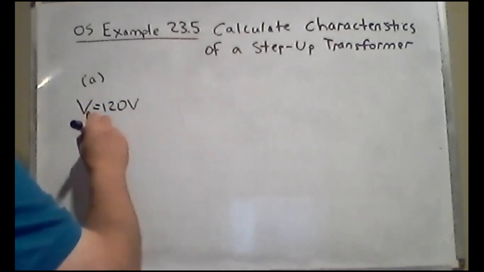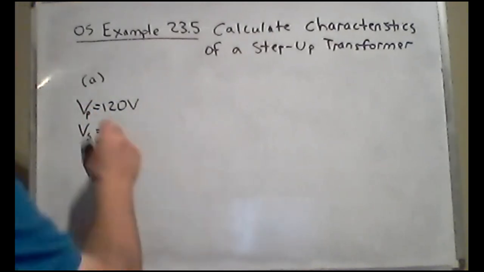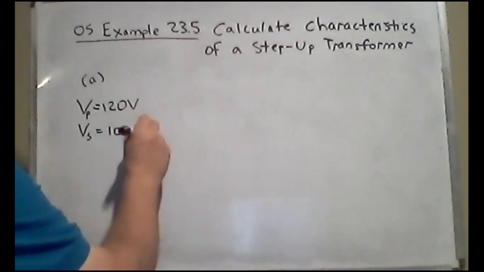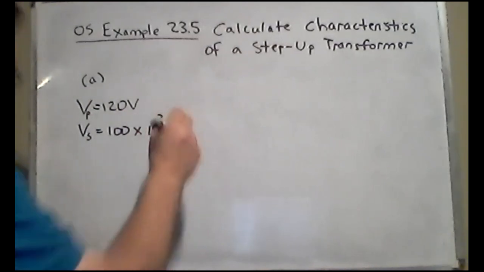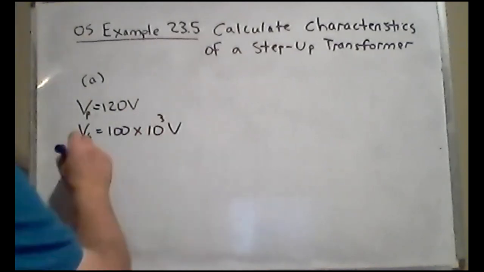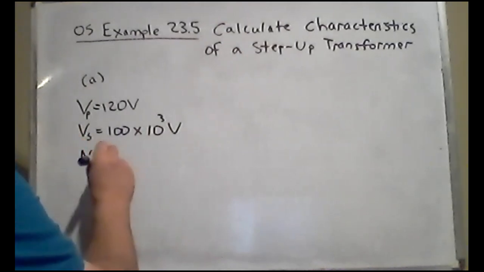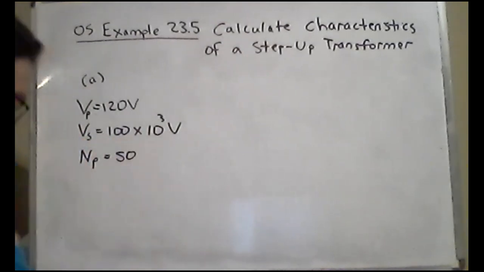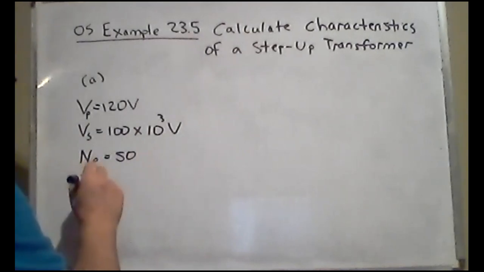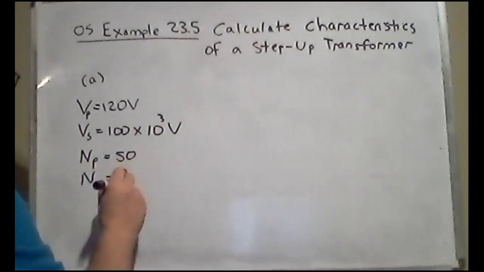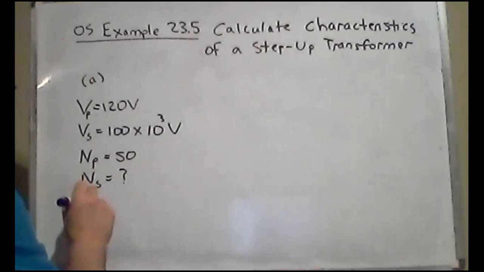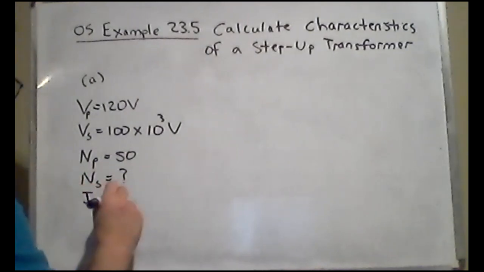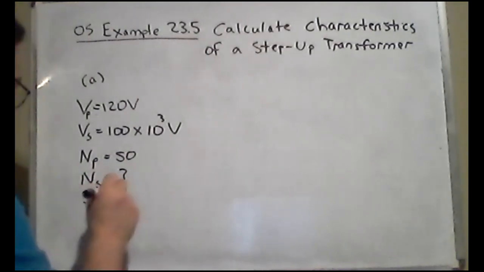V at the secondary is very large, 100 kilovolts, 100 times 10 to the third volts. N at the primary, that's 50 loops. N at the secondary, we don't know. I at the primary is, we're told, 10 amperes.